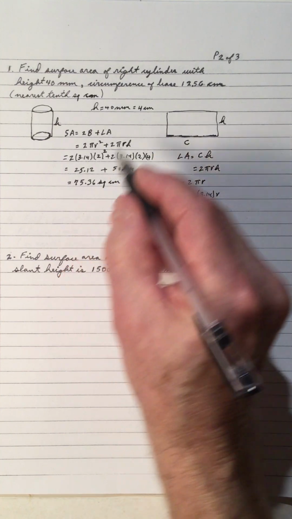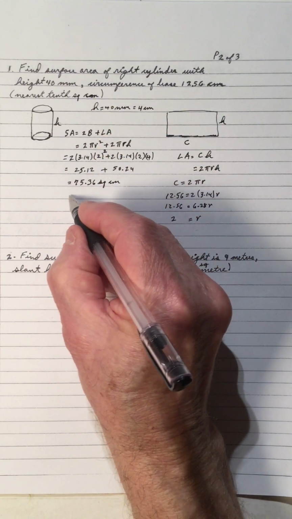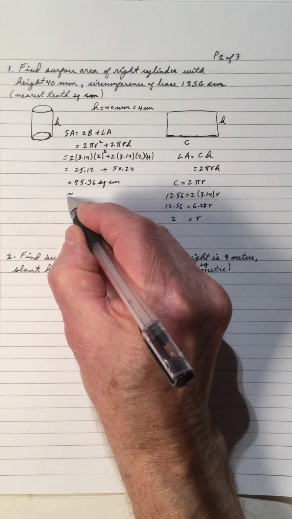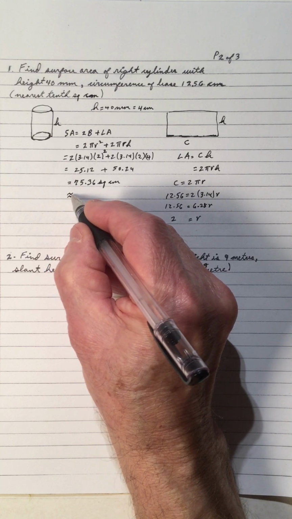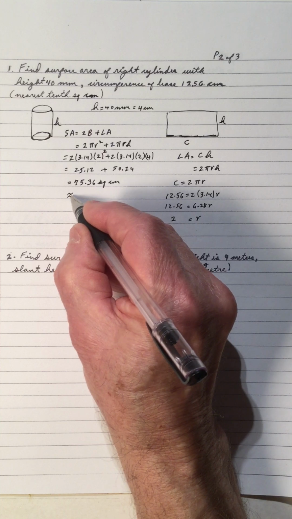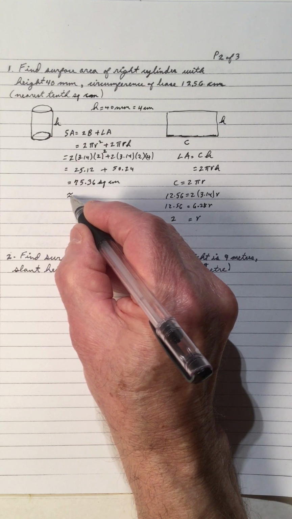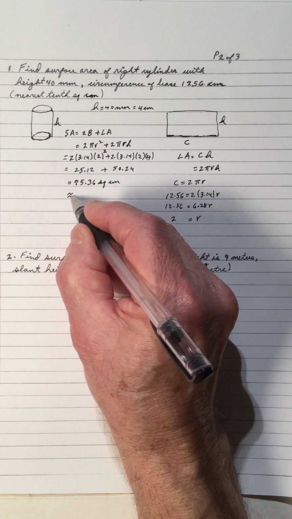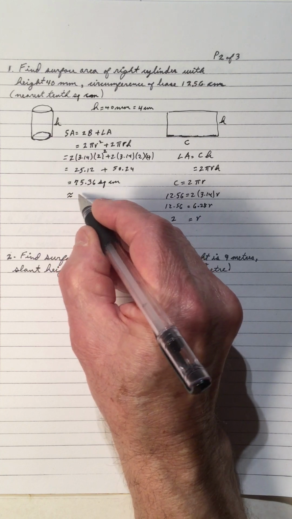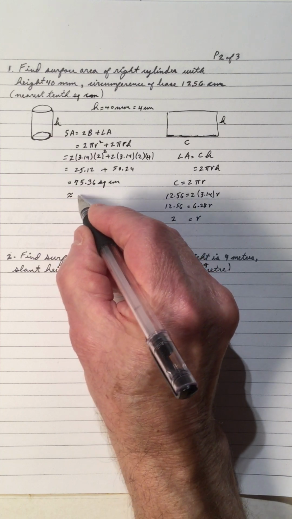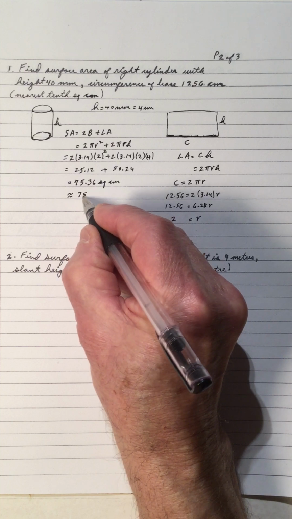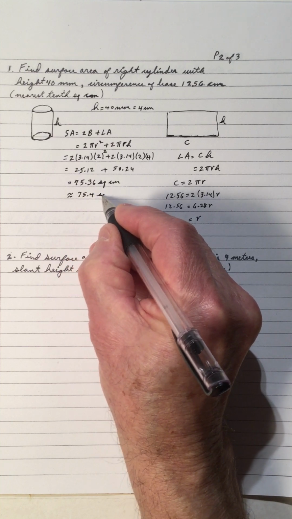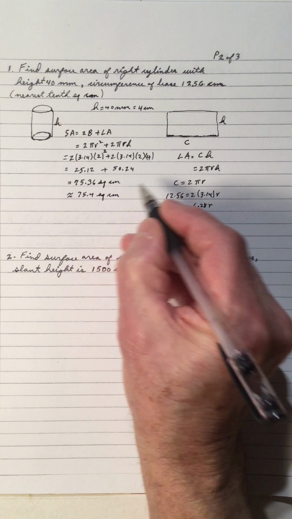It says rounded to the nearest tenth. The double stroke wave like this means approximate. I think in one of the other videos I did it as a single, and a single stroke wave means similarity. So to the nearest tenth, 75.4 square centimeters.